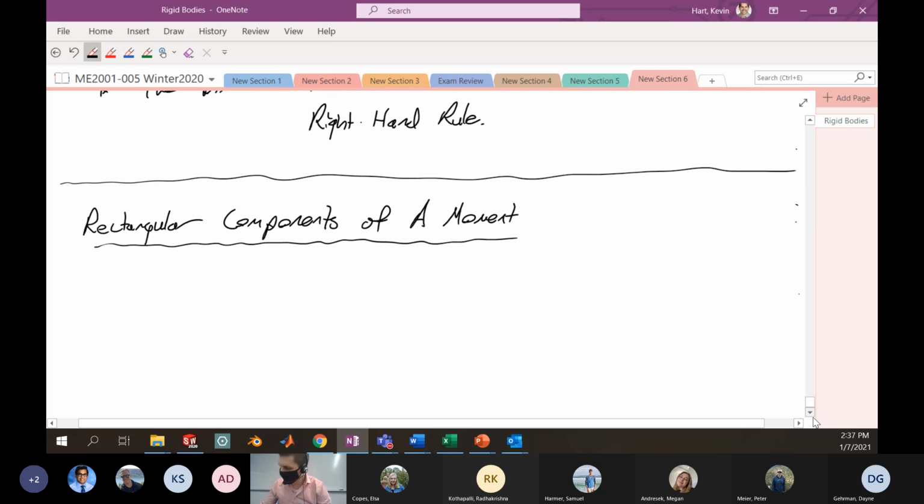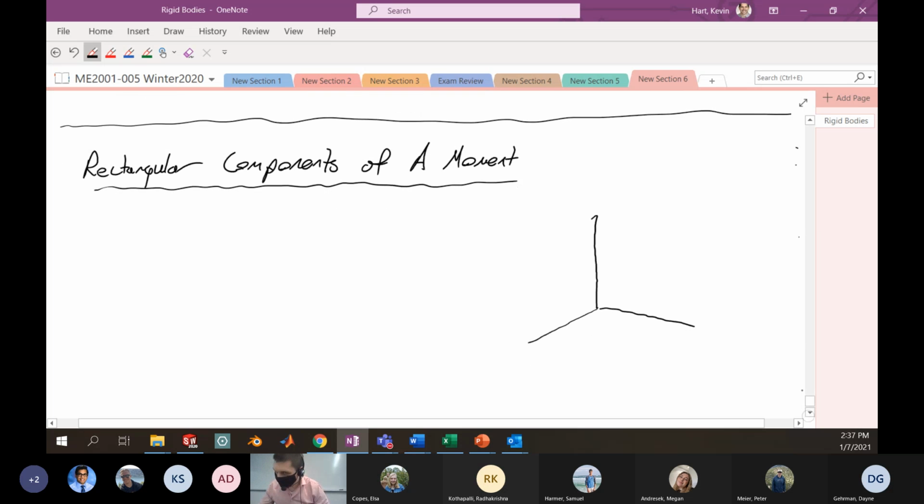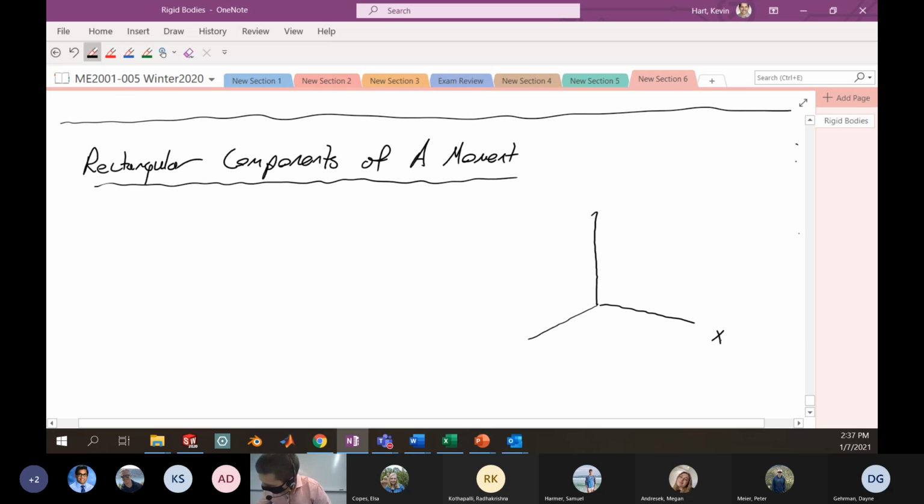Let's go back to that picture that we just had a second ago, where we had this coordinate system. I want to stay consistent with your notes, so I'll do X, Y, Z here. I think I drew it a little bit different last time, but you get the idea. And then there's some point that exists out in space here.